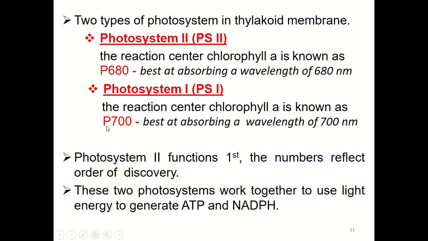That's why it's also known as P700. Photosystem 2 functions first, which is why we put photosystem 2 here first. These two photosystems work together in the light reaction process to generate ATP and also NADPH, which will later be used in the dark reaction.